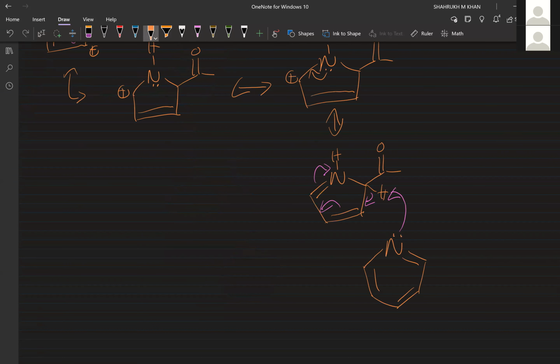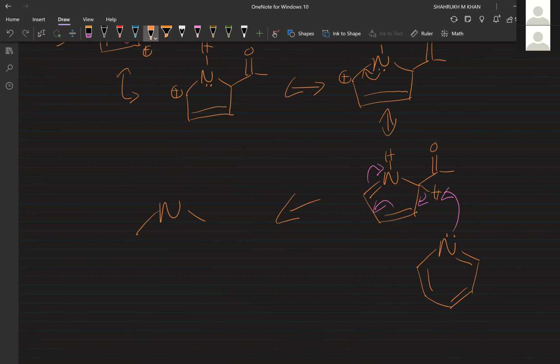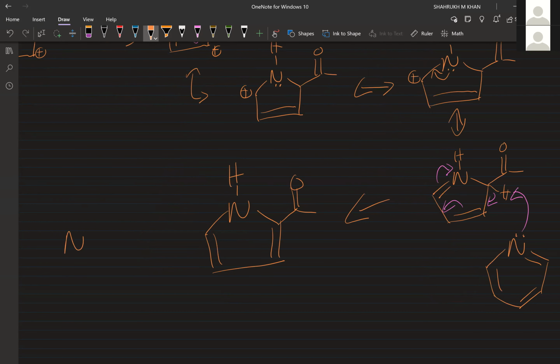And now you get your final product, which is the 2 substituted thing. That. And then you have your protonated, am I missing any hydrogens? You should just have your protonated pyridine, right? That's what they were looking for.